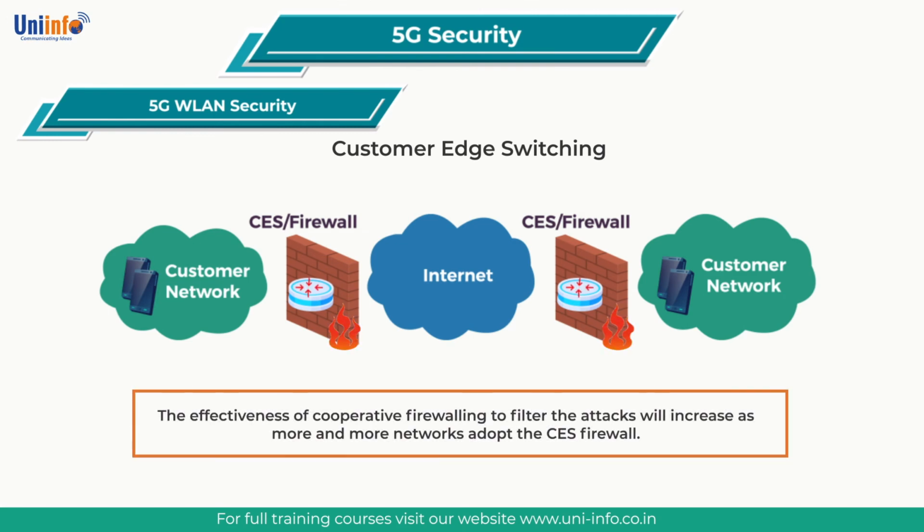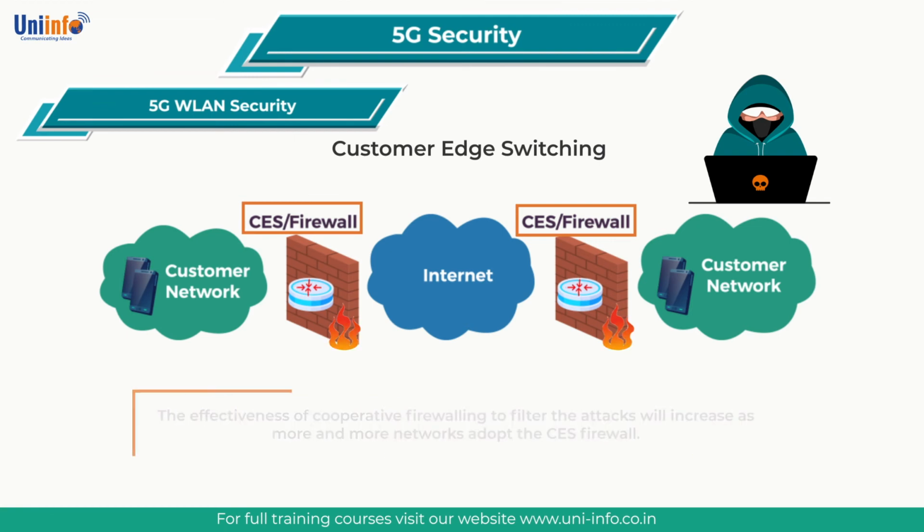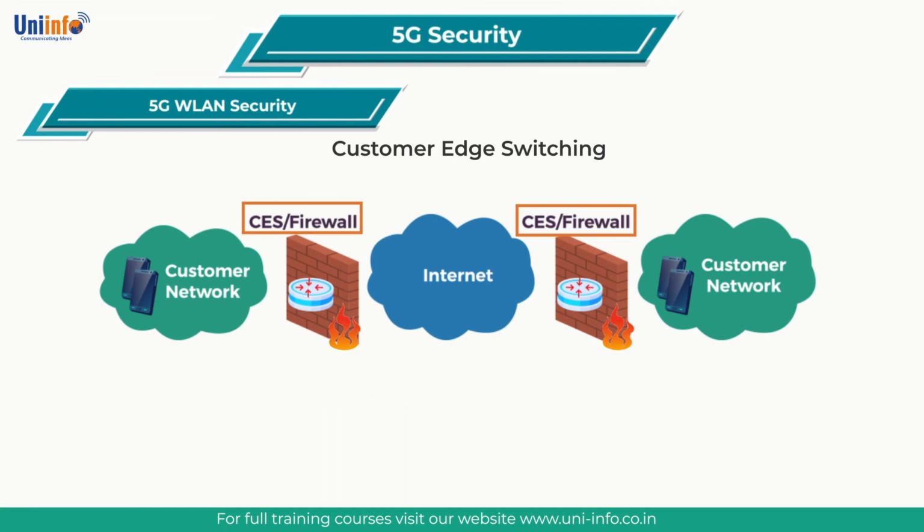Naturally, the effectiveness of cooperative firewalling to filter the attacks will increase as more and more networks adopt the CES firewall. If the remote CES node does not cooperate, the CES node of the victim can send evidence to trust processing at GTO, which can blacklist the remote CES everywhere for a time.